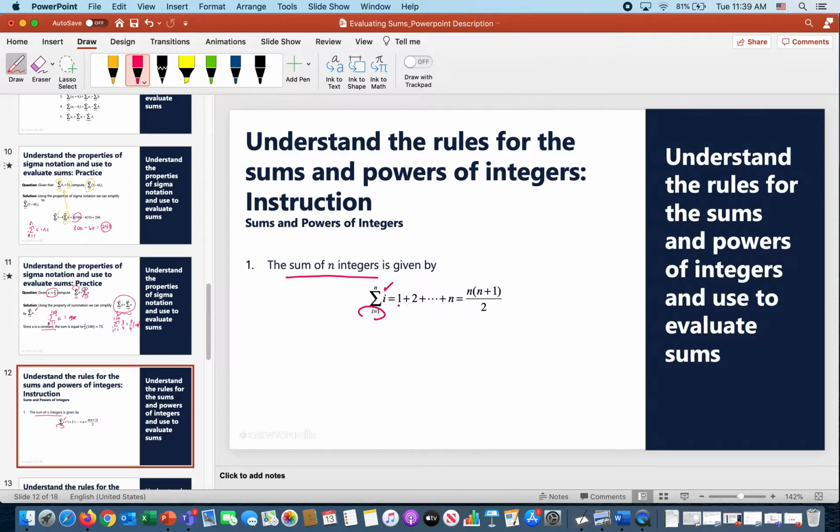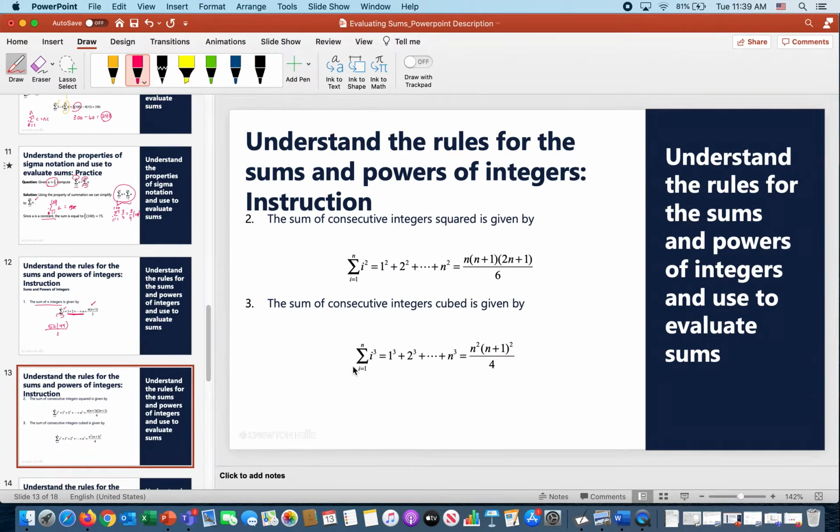There's a formula that we learned in some of our high school math classes for this. It's n times n plus 1 over 2. So if I just want to sum the first 50 integers, I would do 50 times 49 divided by 2.